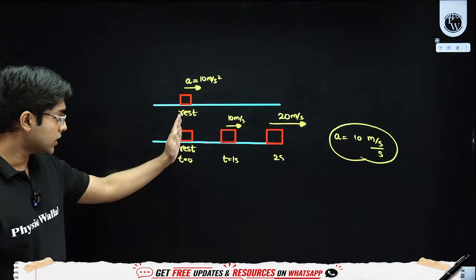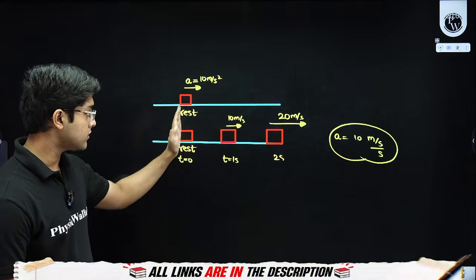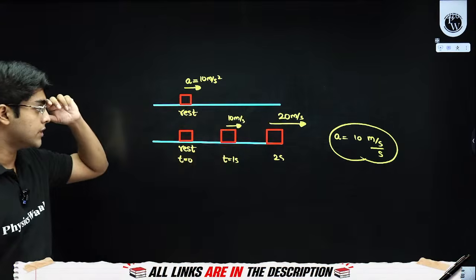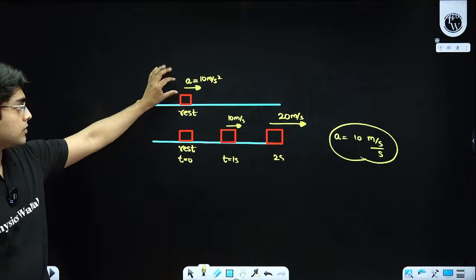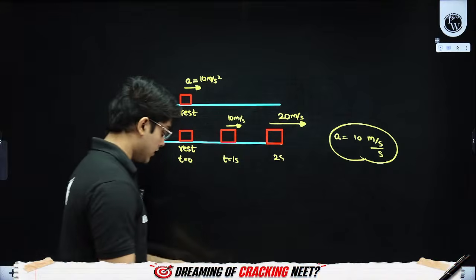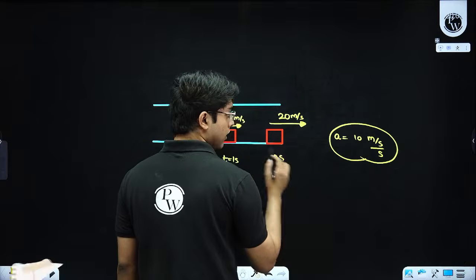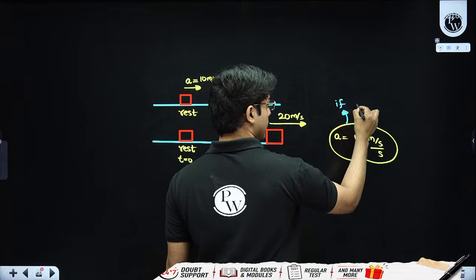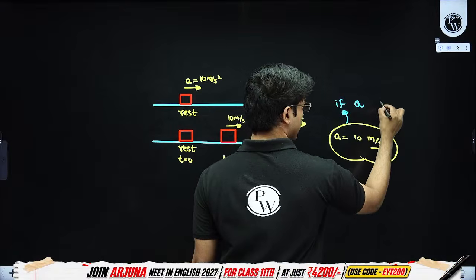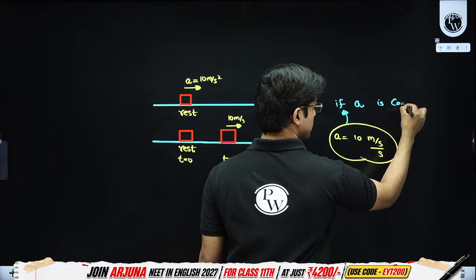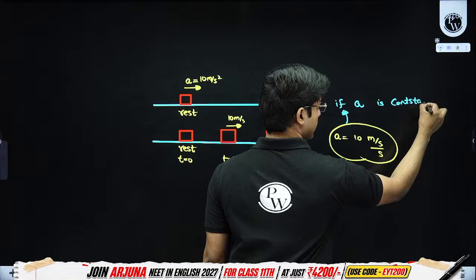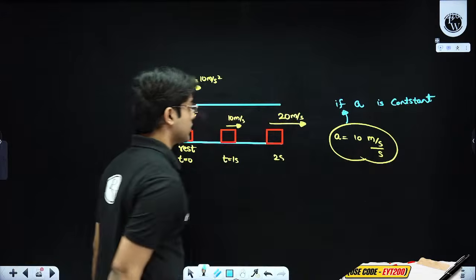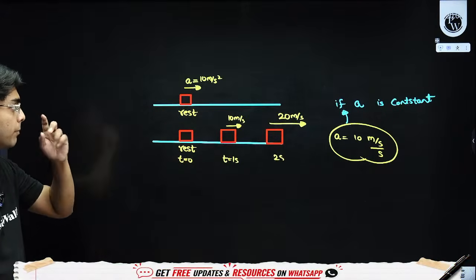So with this acceleration, velocity increases 10 meters per second every second. That is what it means physically. And this is only true for a constant or uniform acceleration.